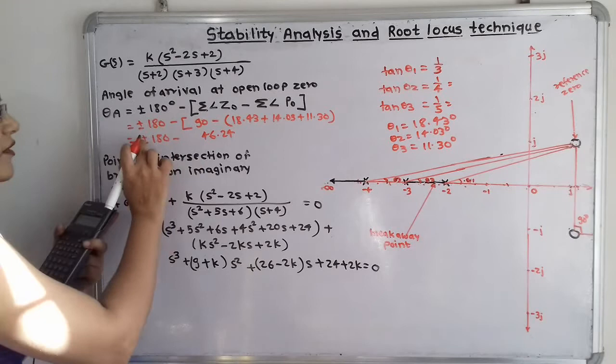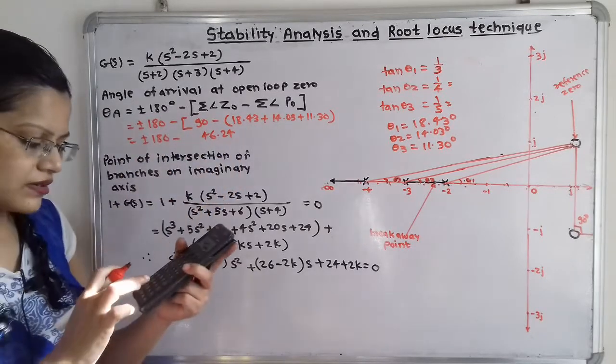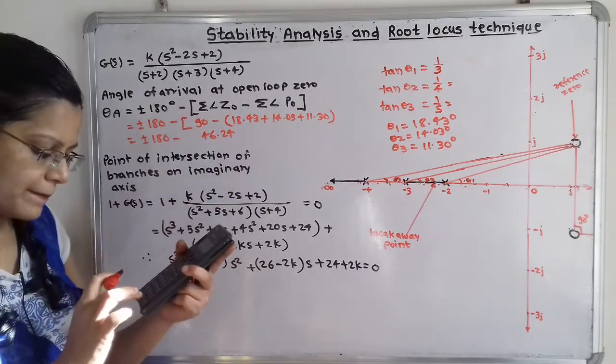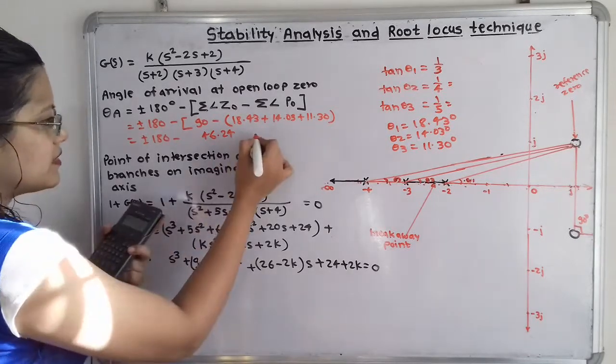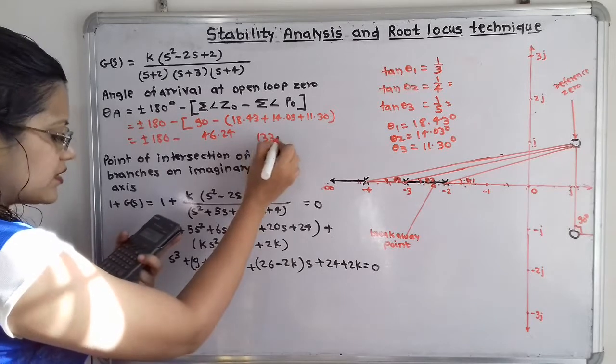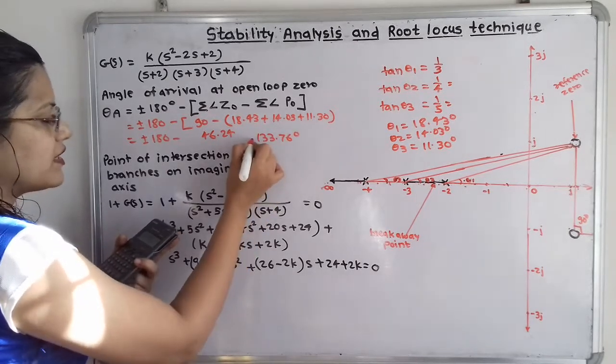So if I take plus 180 minus 46.24, then I will get 133.76 degrees. So here is the answer.